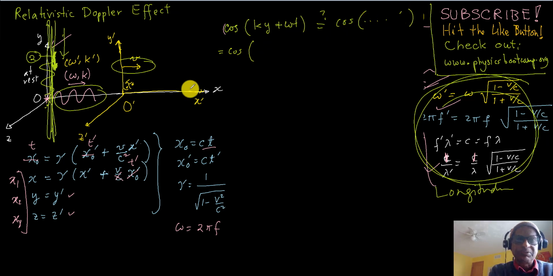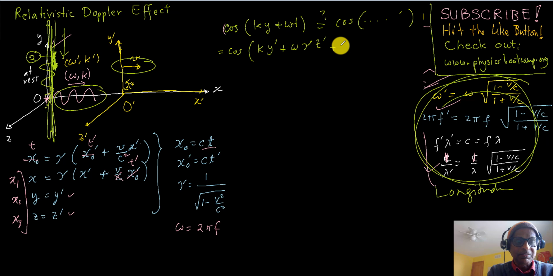We transform it: k y prime, and omega t becomes gamma t prime, but then there is also an x prime coming in, so it's both x prime and y prime direction.